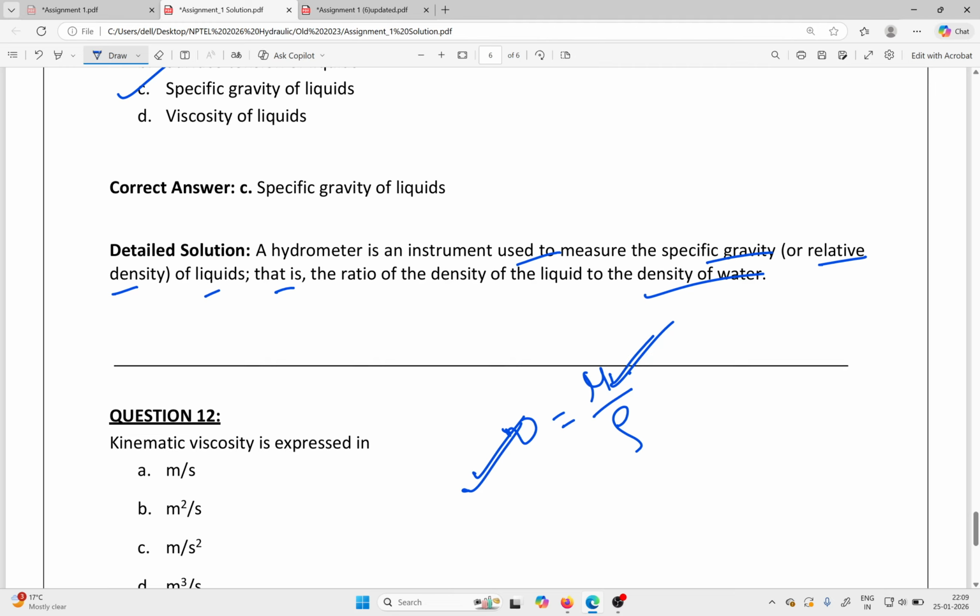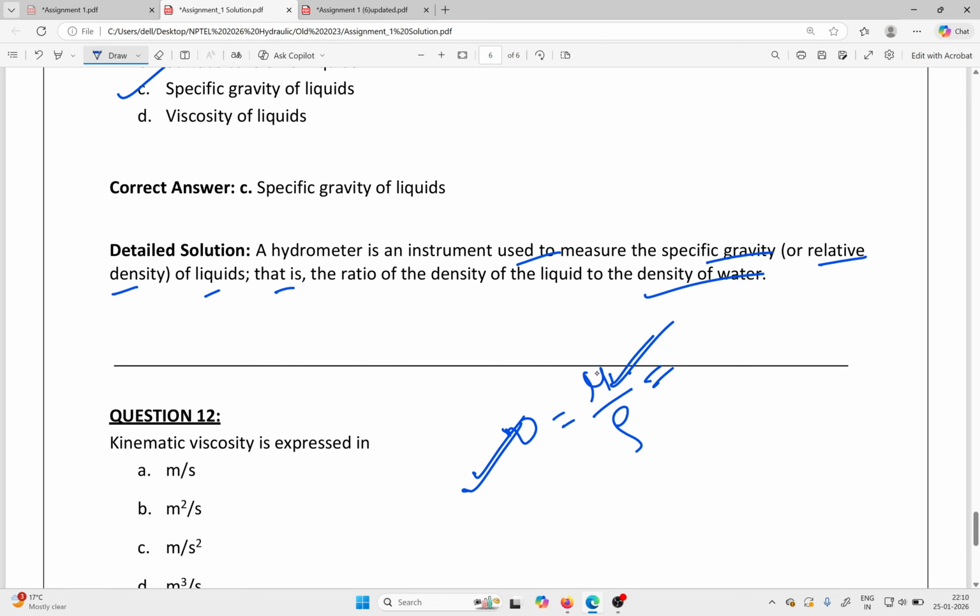This is not a key concept or scientific reason, just a logic you can use to remember.